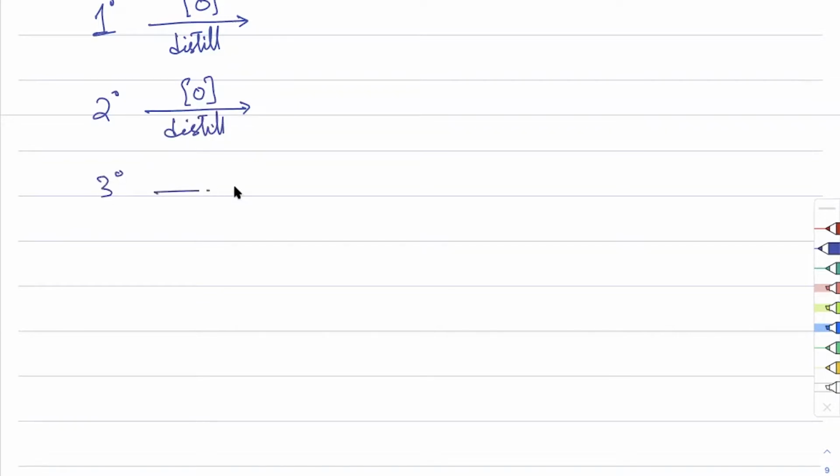If I distill it, so I add an oxidizing agent and I distill it. I do the same thing with the secondary alcohol. I add a strong oxidizing agent, I distill it. With a tertiary, I do the same thing, add a strong oxidizing agent, distill it. Okay, so initially, let's suppose my oxidizing agent is potassium dichromate. So in all of them, the initial color is orange. What will be the color after this process, distillation and oxidation?